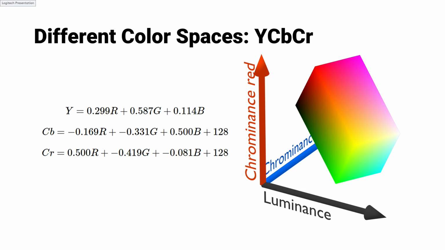And the equation is a simple matrix multiplication. It's a linear transformation as you see here, and Y is also called the luminance channel, and Cb and Cr are the chrominance in blue and red respectively. So let's take a side step and understand why YCbCr is interesting and important, right?